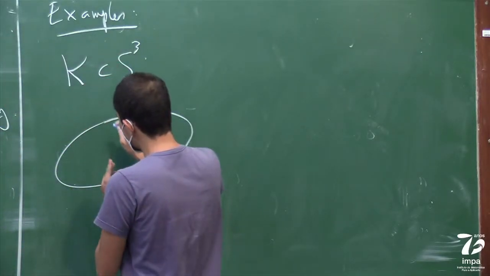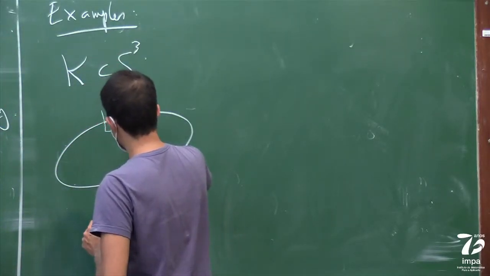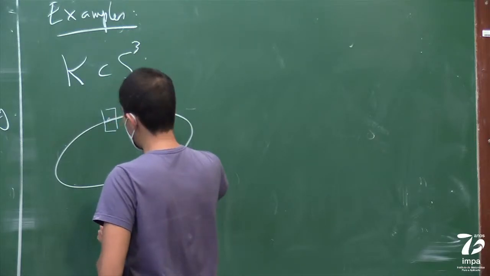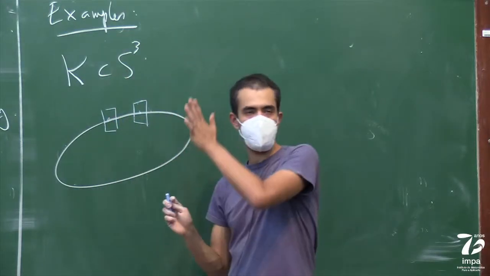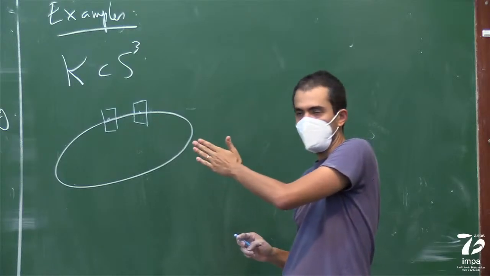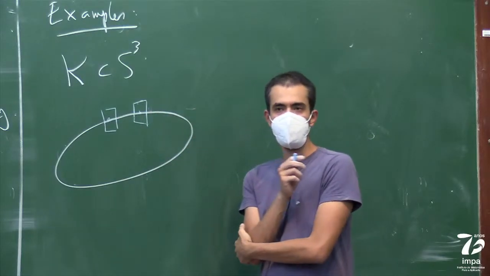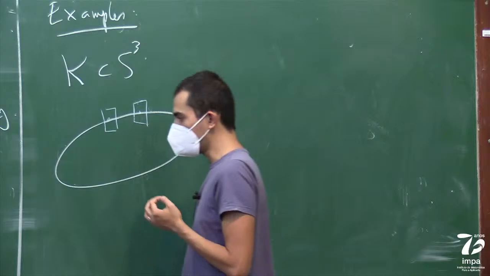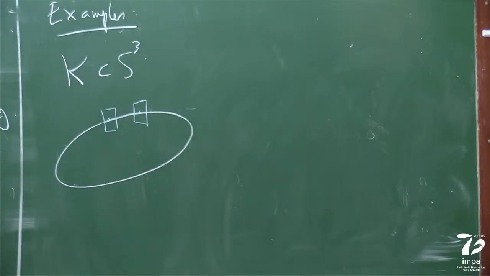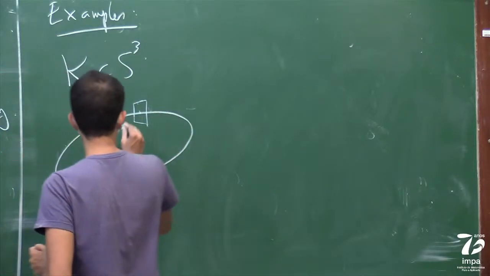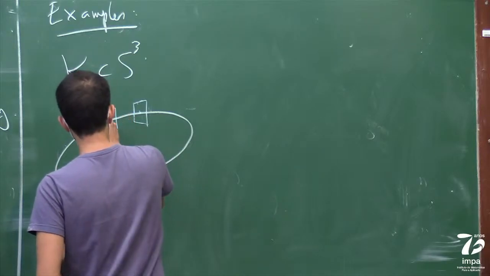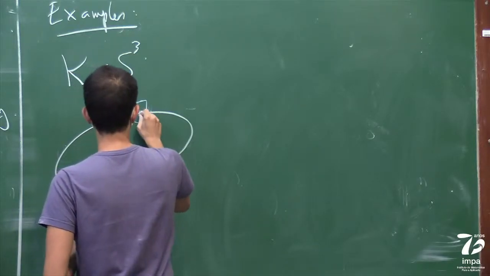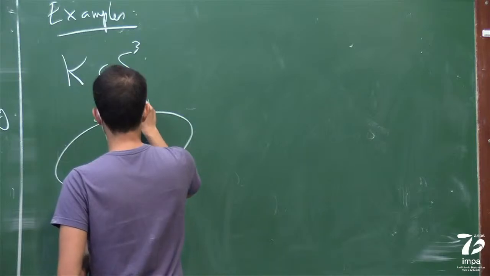So for each point, I have a normal space. In this case, it's a plane, the plane that's perpendicular to the tangent of the knot. And a framing will be a choice of a basis for every point. So basically I can say, this is my basis, v1, v2. I have to choose a basis at every point.